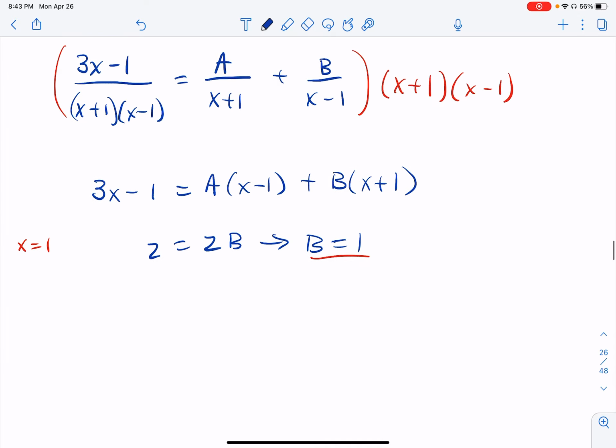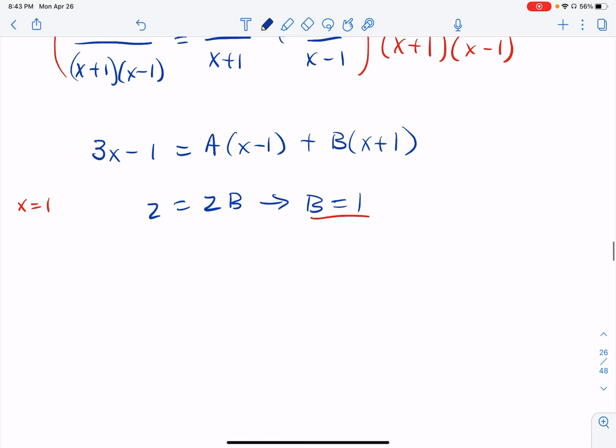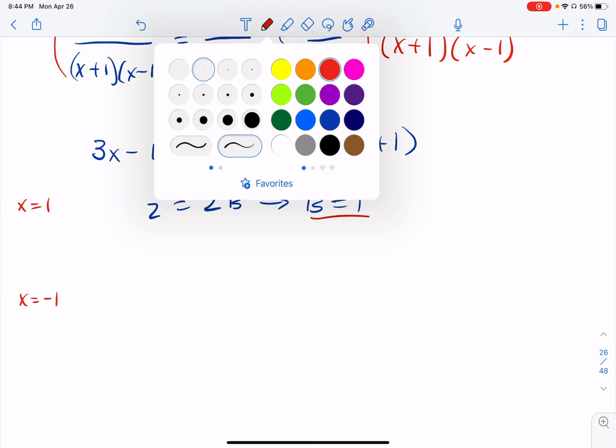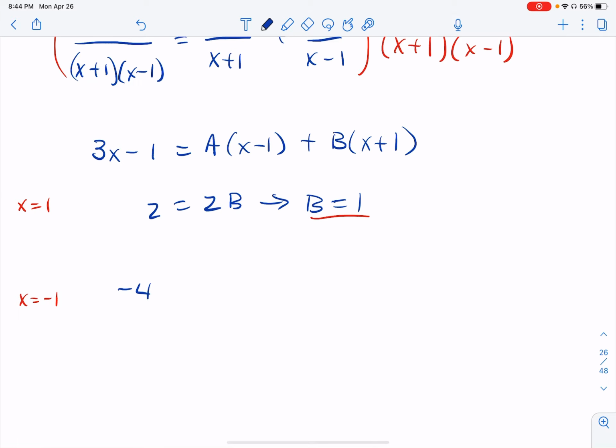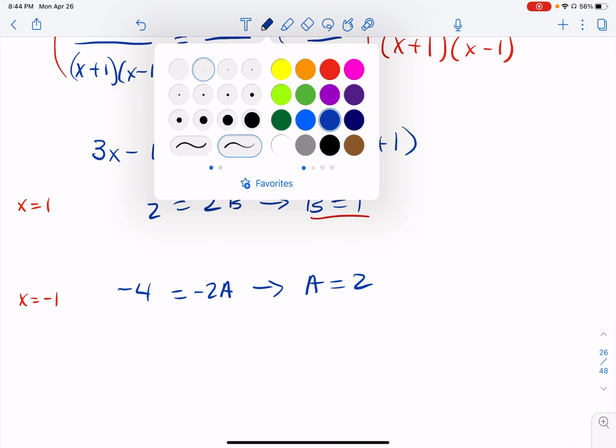And then for the second one, a convenient value would be negative 1 to make the b disappear. x equals negative 1. Over here, when I stick in a negative 1, I get negative 3 minus 1, I get a negative 4, is equal to negative 1 minus 1 is a negative 2a. And then dividing, we get a is equal to positive 2.